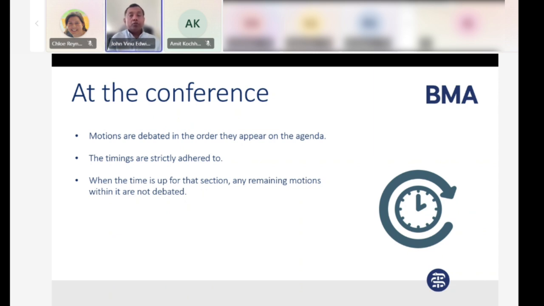You might be able to get to number 7 and the session finishes and you move on to another section due to time. And then the next motion to be debated will be in the following section depending on the agenda. So you might not see number 8 under health and well-being debated. It might be the wider NHS number 14 or 15, whichever the motion is denoted on the agenda, would be the first motion to be taken up at the next session. Next slide, please.